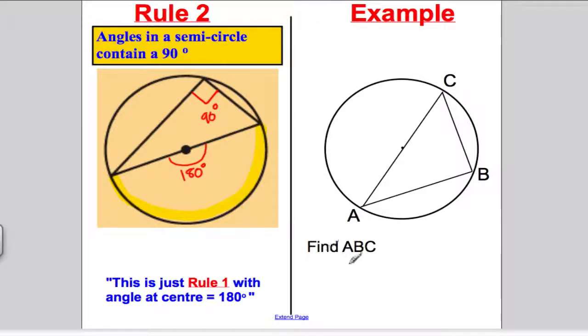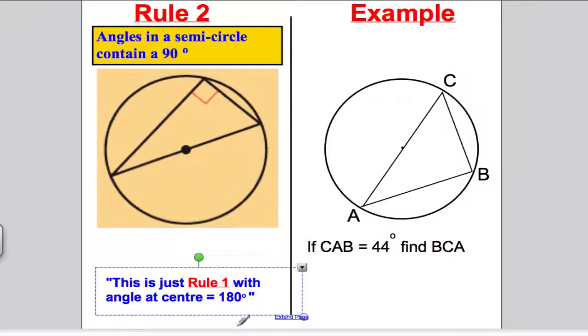So in this example, find angle ABC, A to B to C, assuming this is the centre and this is therefore the diameter, AC is the diameter. This is a case of angles in a semicircle contain a 90-degree, so this angle must be 90. Okay, let's take a look at one more example here. Again, here's the rule. Angles in a semicircle contain a 90. It says if CAB is 44, C to A to B is 44 degrees, find BCA, find B to C to A, find this one.